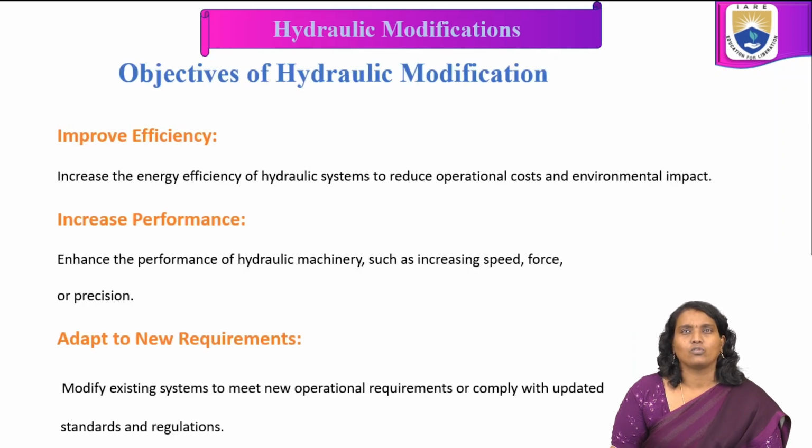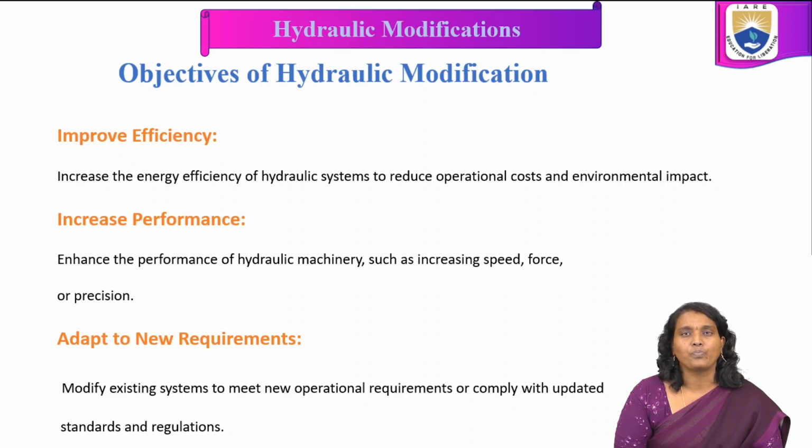So for this, we have to adapt the system to new operational requirements. In this, we have to understand the various objectives of this hydraulic modification, based on performance and efficiency and on the various new requirements. Among these objectives of hydraulic modification, the first is to improve efficiency.